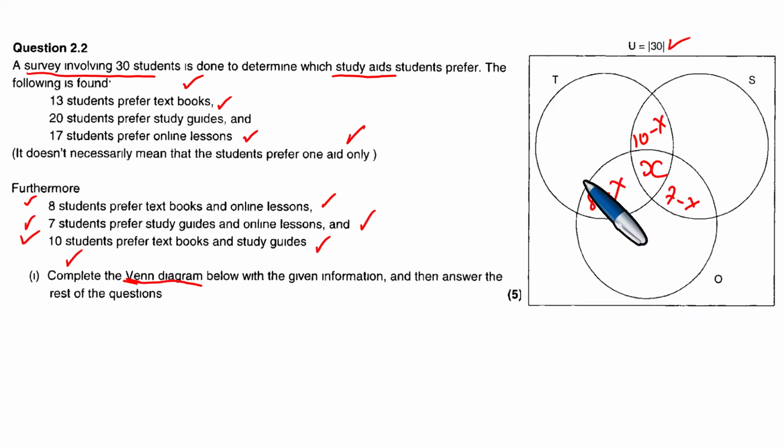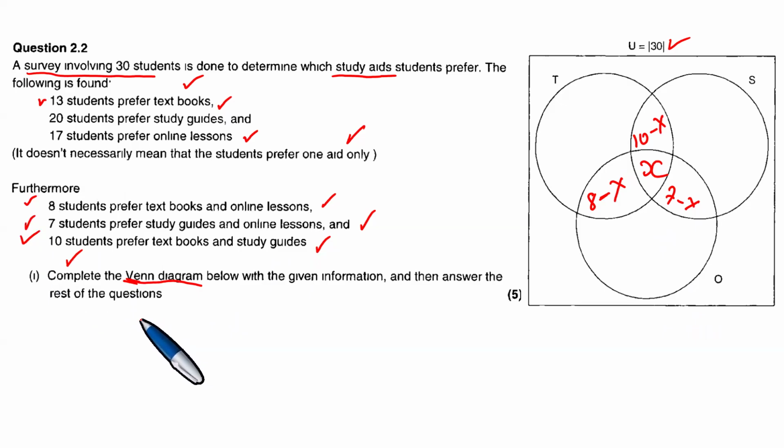And now, in the end, we come to the textbook students. How many are they? You note that there are 13 students who prefer textbooks.